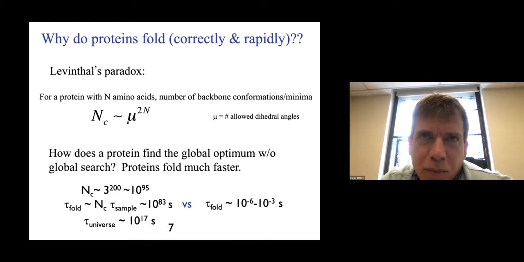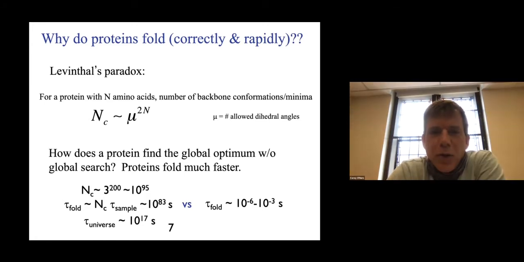But for now, just say that those amino acids are going to be in some conformation, and you have to specify that conformation. Are they going to be extended? Are they going to be somewhat compact?